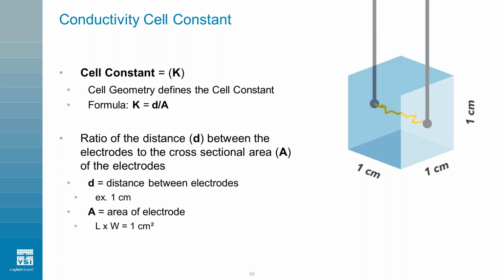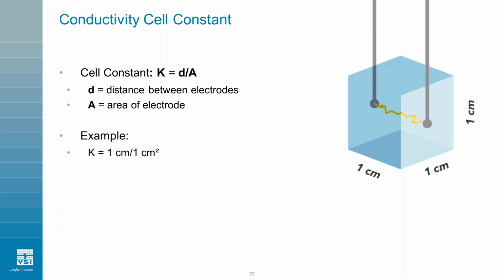The cell constant is the actual distance between the electrodes in a sensor divided by the cross-sectional area of the electrodes. This might sound confusing, but I'm going to explain it here right now. So, for example, our theoretical conductivity cell is 1 centimeter over 1 centimeter squared.